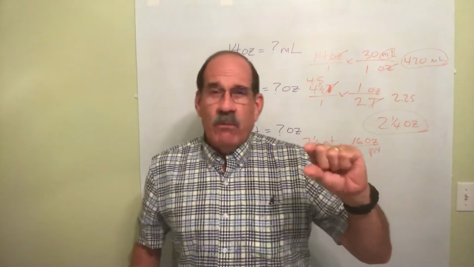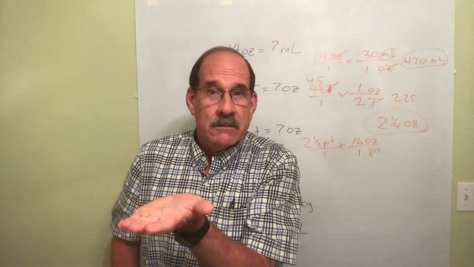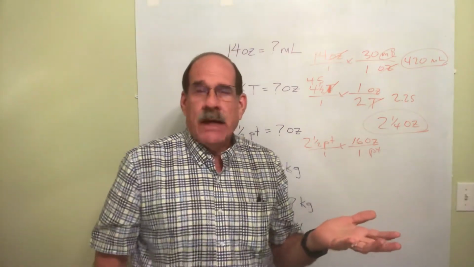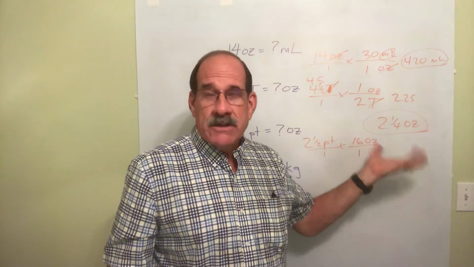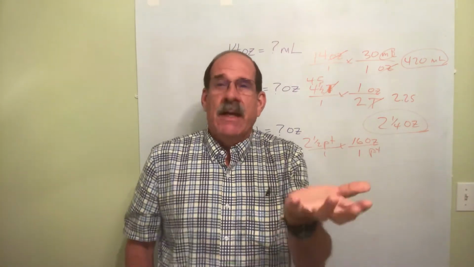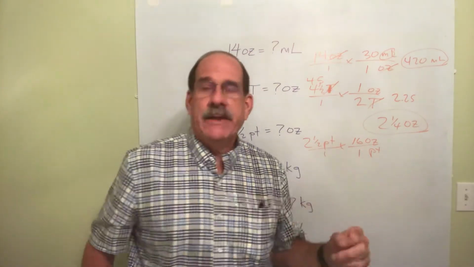1 liquid ounce of water weighs 1 ounce. What that means is, hey, how many ounces are there in a pint? 16. That's liquid. How many ounces, the weight version of ounces, how many ounces are there in a pound? 16. So this is so neat. I like this.